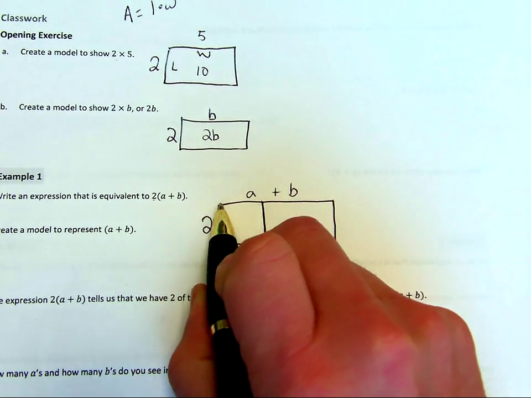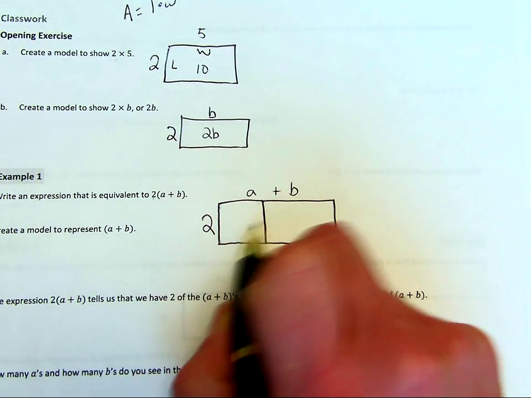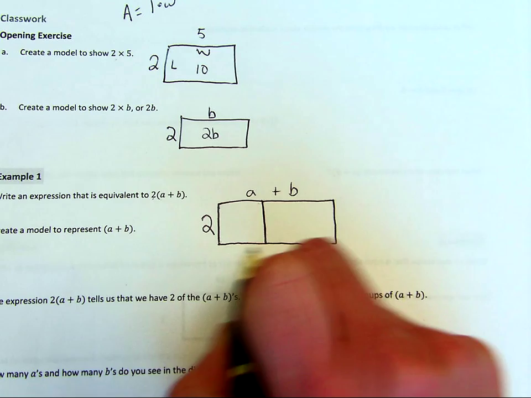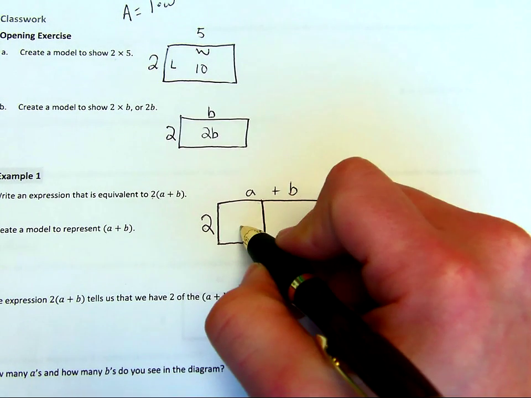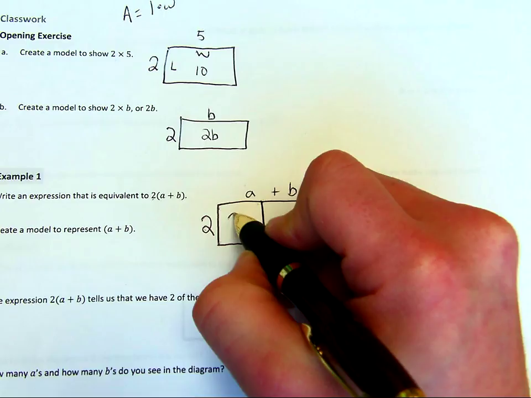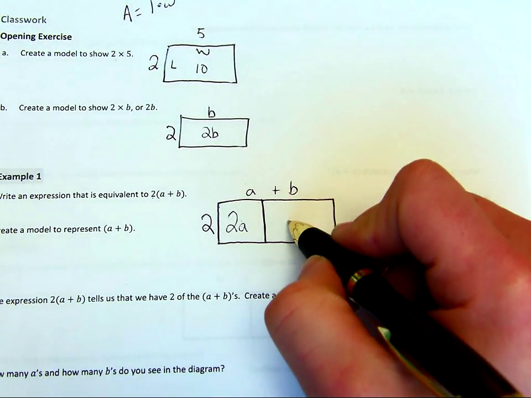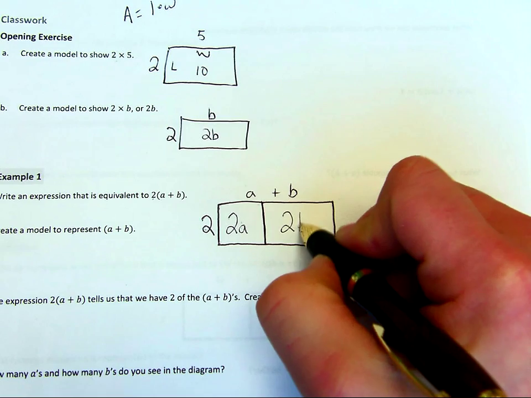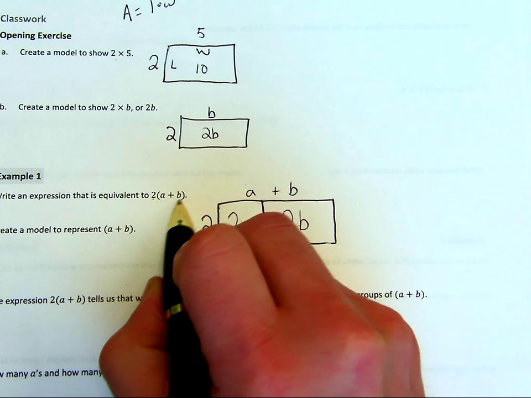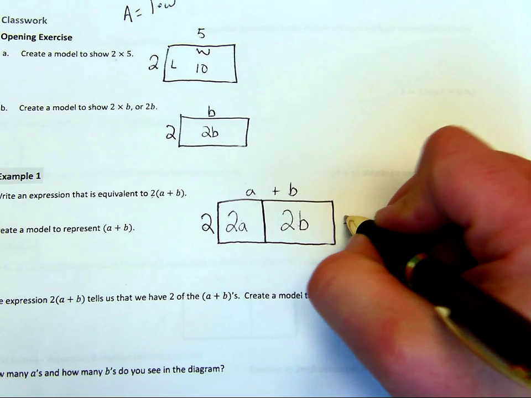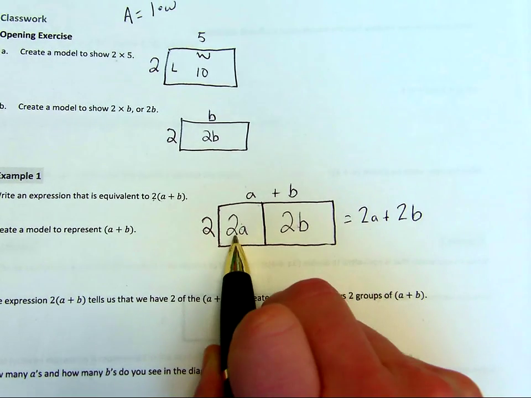The length of b is from here to here. So now I have 2 smaller rectangles. I do want to find the area of the whole thing, but I'm going to do it one piece at a time. So 2 times a is 2a, and 2 times b is 2b. So the area of this whole thing, 2 times a plus b, equals 2a plus 2b, because I would have to add this plus that.